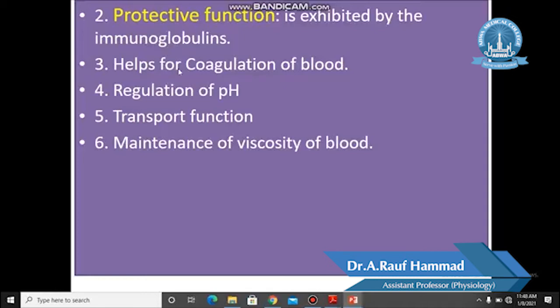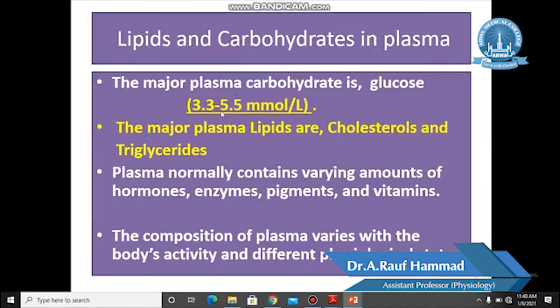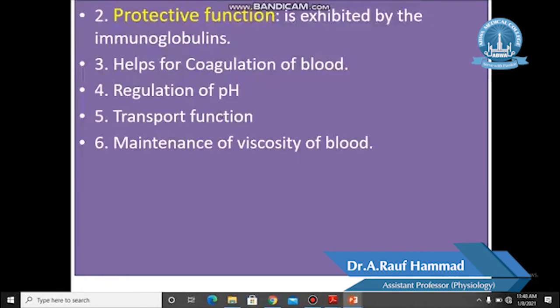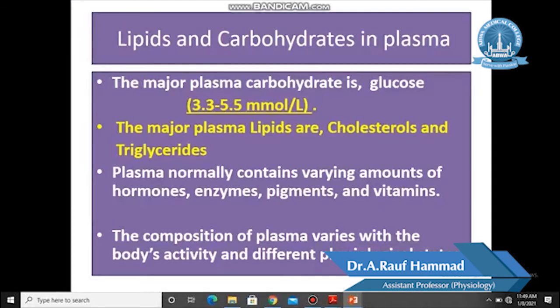Third, these also help for coagulation of blood, and they also regulate the pH of blood, and transport functions, and maintenance of the viscosity of blood. Also, it was a function of the plasma proteins.